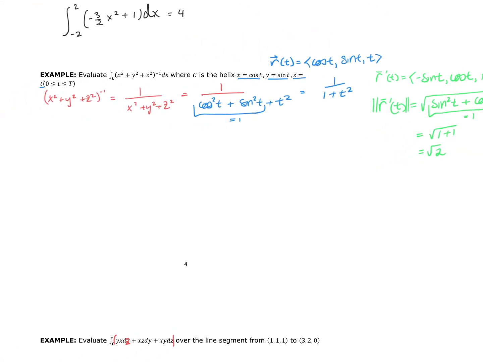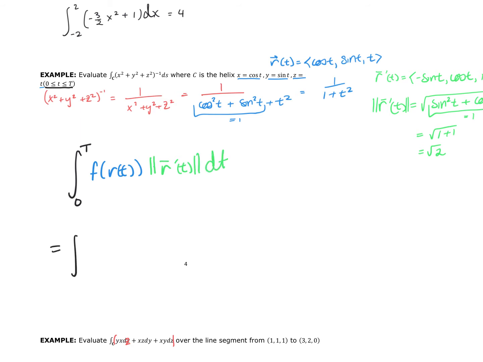So what I'm really integrating then is, t is going to run between 0 and capital T, of my function replacement. So this would have been my function of r of t, and then multiplied by the magnitude, oh, that's not what I wanted, the magnitude of r prime of t dt.